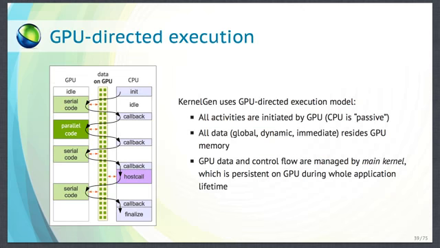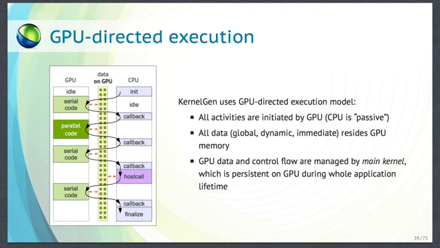Another unusual thing about KernelGen is the so-called GPU-directed execution. This means that we are trying to make GPU as self-aware as it's possible. So it tries to track all activities like host calls, like requests for analyzing and compiling loops.